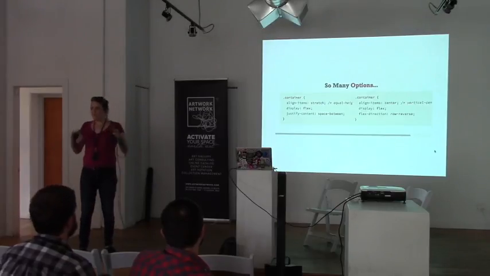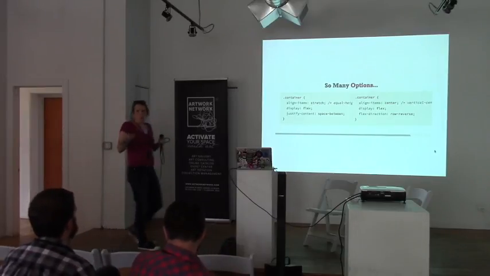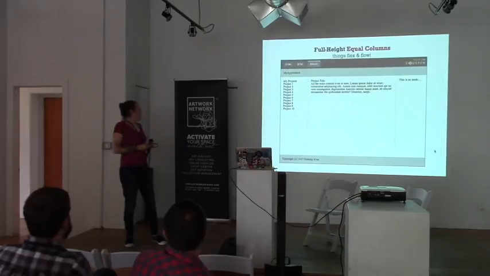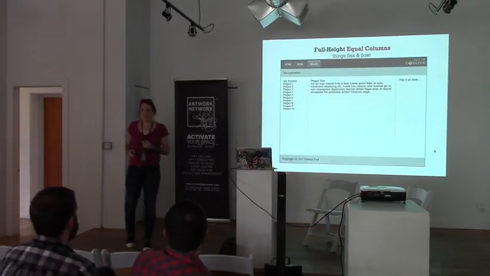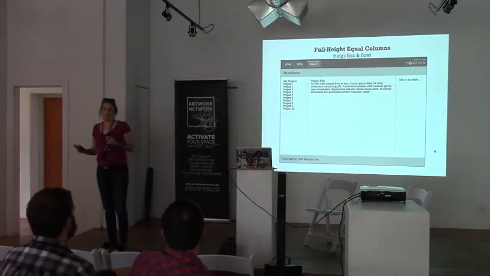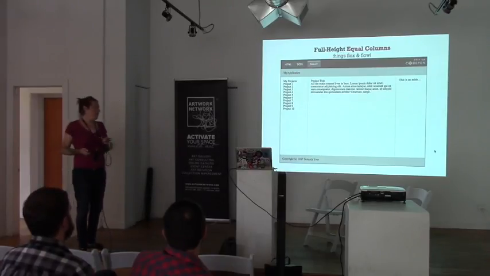And then the elements figure out how to arrange based on the rules you've given them, which is what we wanted. Here's a full height equal columns with Flexbox, because we can tell things to flex and grow in relation to each other. We can do this pretty simply.